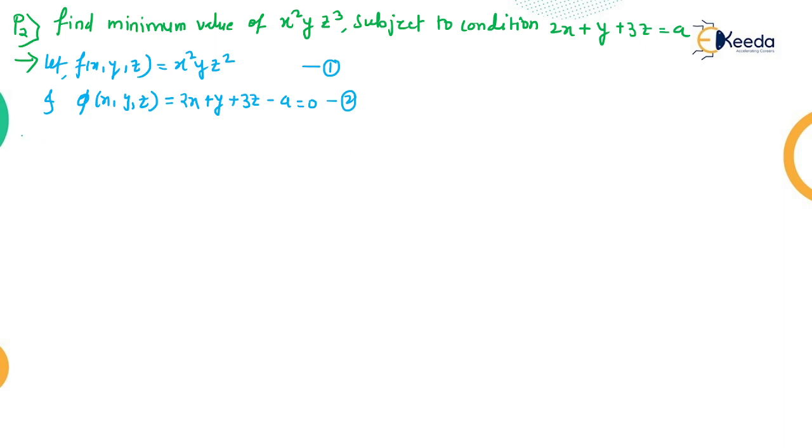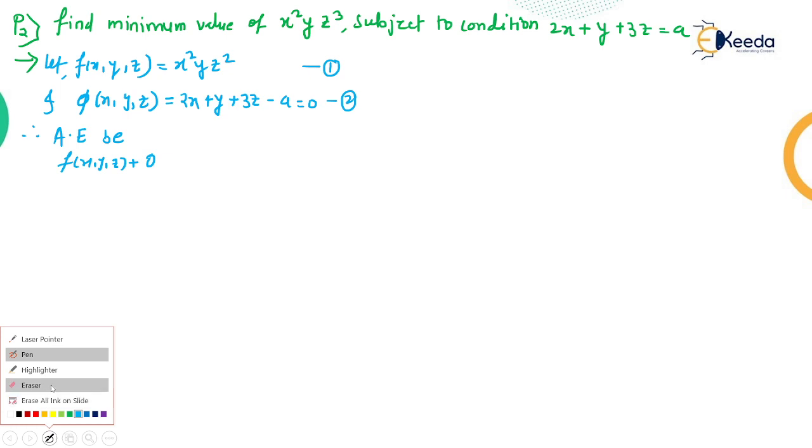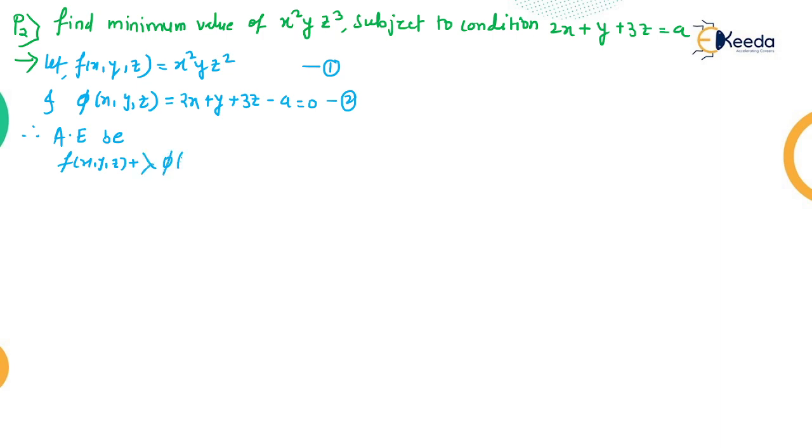Let me write here the auxiliary equation. The auxiliary equation is f(x,y,z) + λφ(x,y,z) = 0. Substituting the values of f and φ, we get x²yz³ + λ(2x + y + 3z − a) = 0.